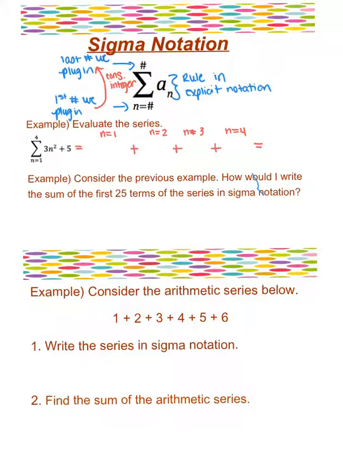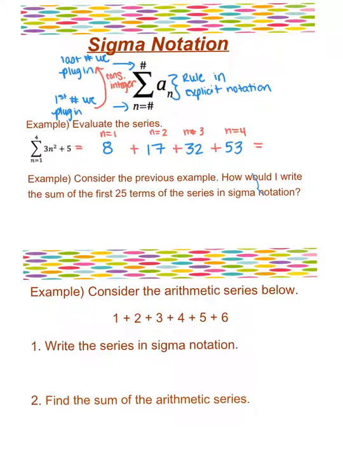When I plug in n equals 1, I get 3 times 1 squared plus 5. That gives me an 8. Then I plug in a 2, so I'll have 3 times 2 squared plus 5. That's a 17. Then I have 3 times 3 squared plus 5, and that's a 32. And last I have 3 times 4 squared plus 5, and that is a 53.